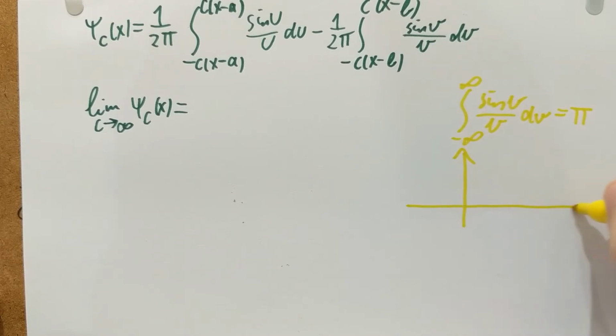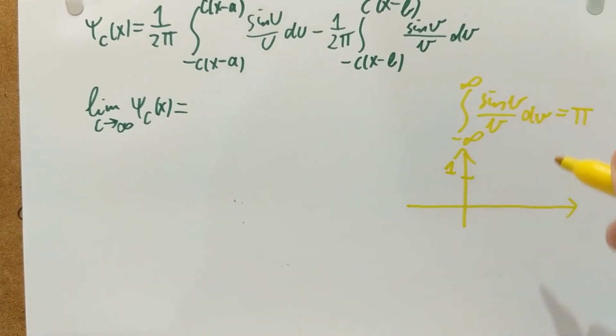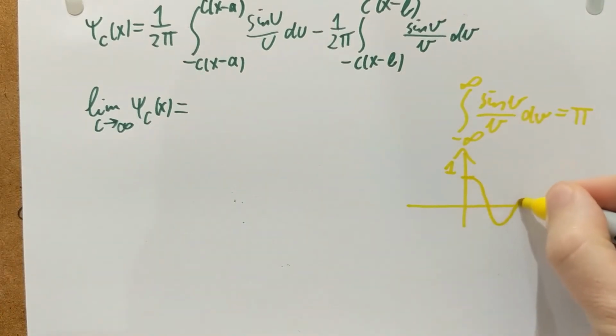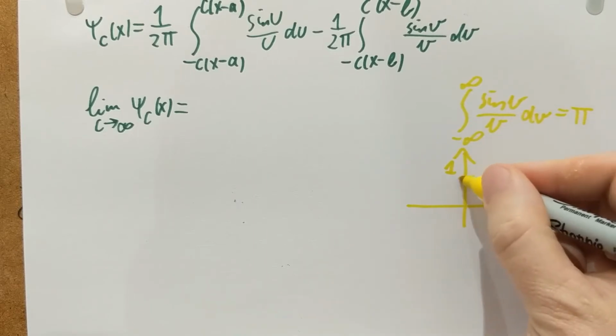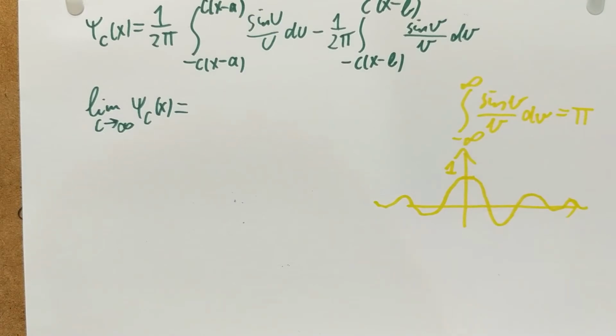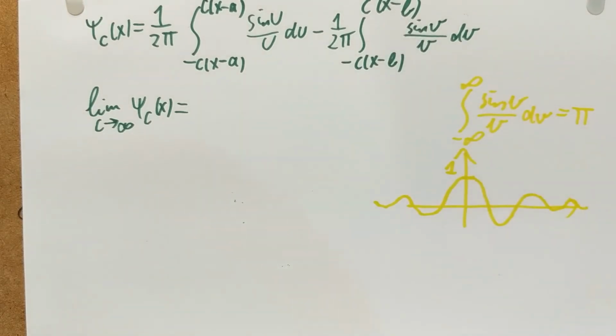I'm again not going to show this here. Everybody can look up how it's done. The function itself is a nice function. It's not defined at v equals 0, but it has a limit at v equals 0, and we can use that. It's an oscillating and decaying function, and when you integrate it, the total area under the curve is pi. Moreover, the total area is behaving nicely. So as you integrate from one constant to the other, it's bounded nicely, and we'll make use of this fact a little bit later on.